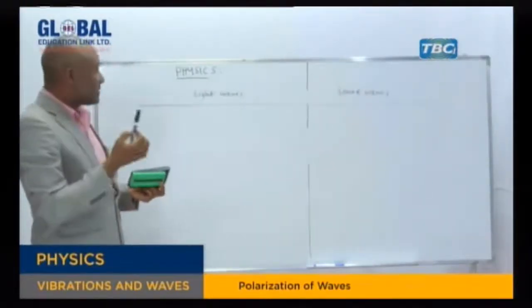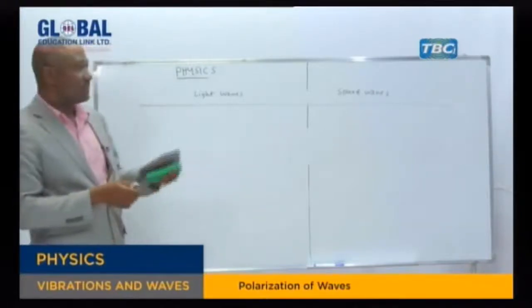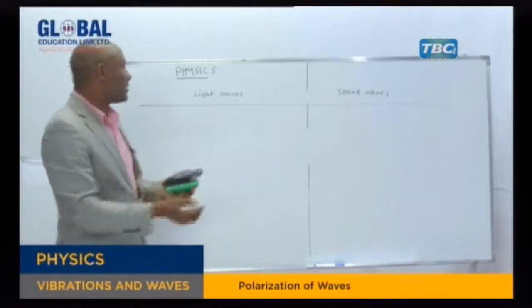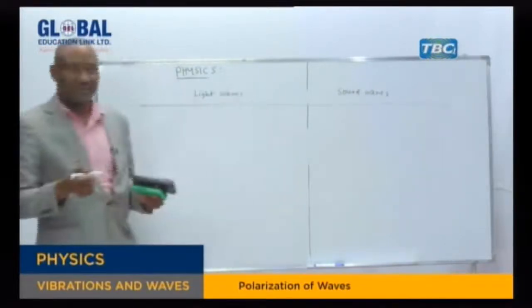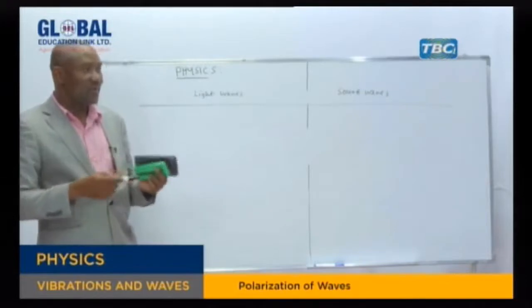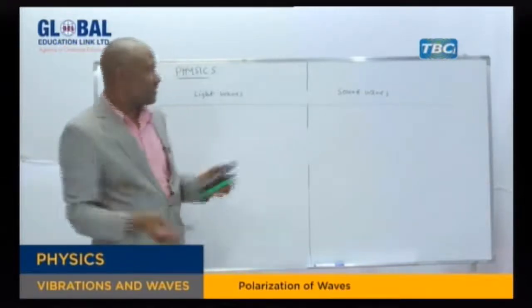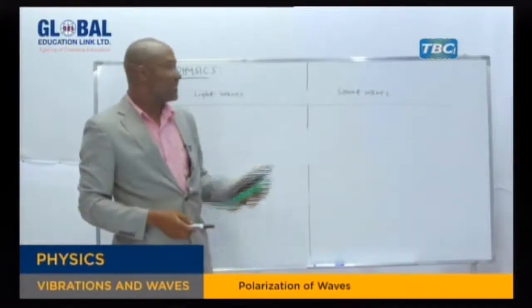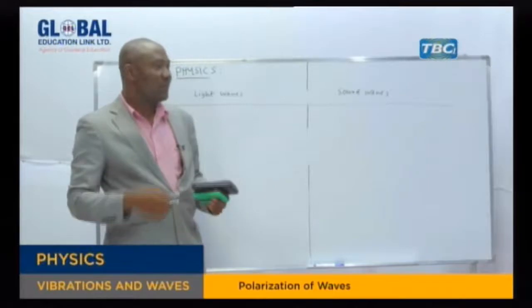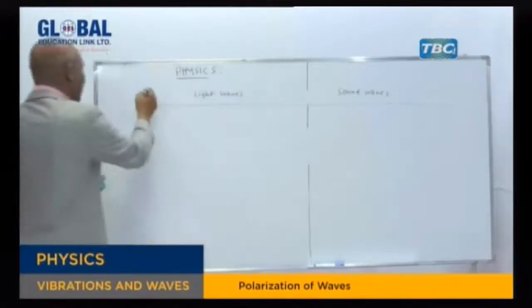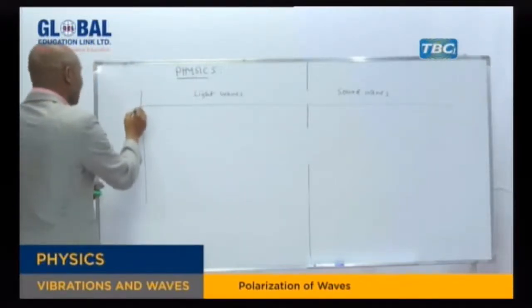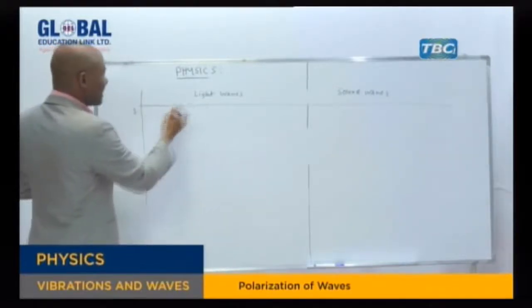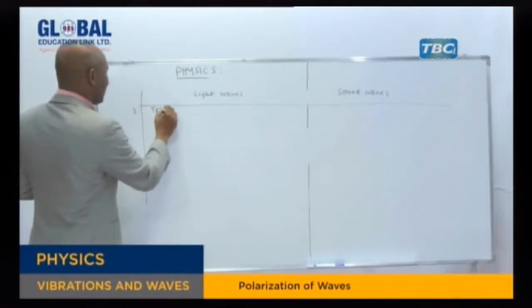From the first part of our polarization, we saw that when you talk of polarization, you're talking of polarization of transverse waves, waves whose vibration can be restricted. And we saw that there's no way you can restrict sound waves, because these sound waves are longitudinal waves. For the first difference, to start, you can explain the nature of these waves. Maybe these are transverse waves.